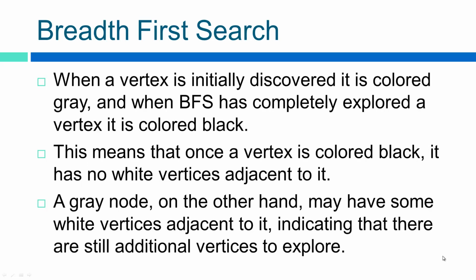When a vertex is initially discovered, it's colored gray. And when BFS has completely explored a vertex, then it's colored black. This means that once a vertex is colored black, it has no white vertices adjacent to it. A gray node, on the other hand, may have some white vertices adjacent to it, indicating that there are still additional vertices to explore. We'll see this diagrammed out later on in this lecture.